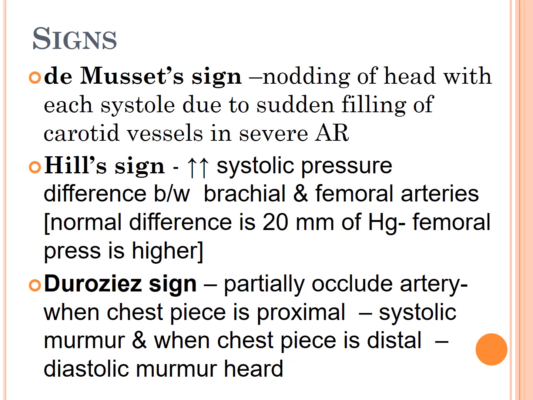And if you put the chest piece on the distal part, you get a diastolic murmur. So this is known as de Rose's sign. These are typical signs of aortic regurgitation.